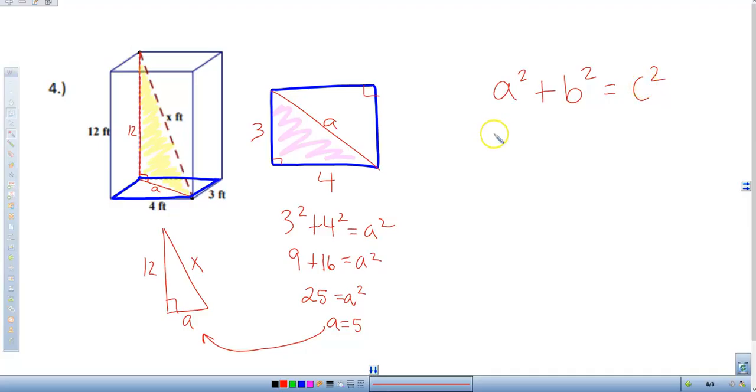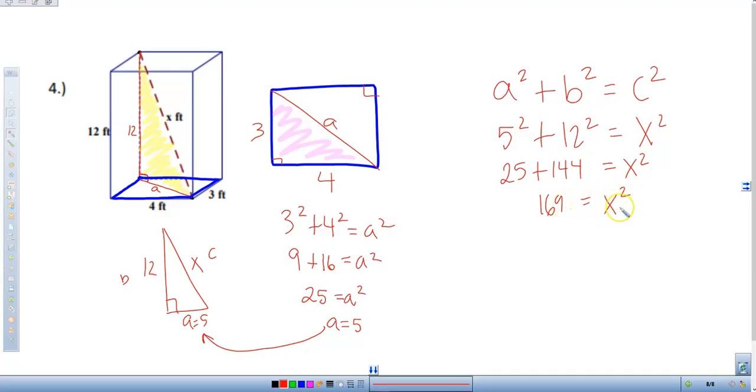A, we determined, was 5. B is the other leg here, which is 12. And then C is my hypotenuse, which is X. So that gives me 25 plus 144 equals X squared. That's 169 is equal to X squared. So when I square root, X is equal to 13.